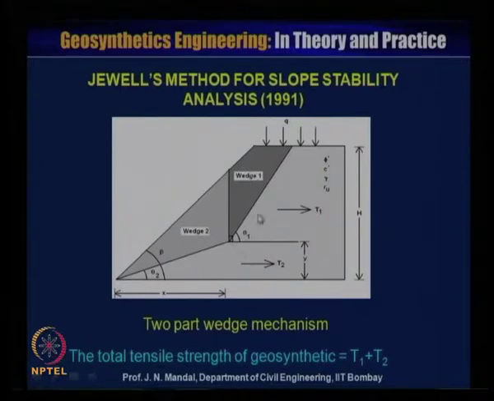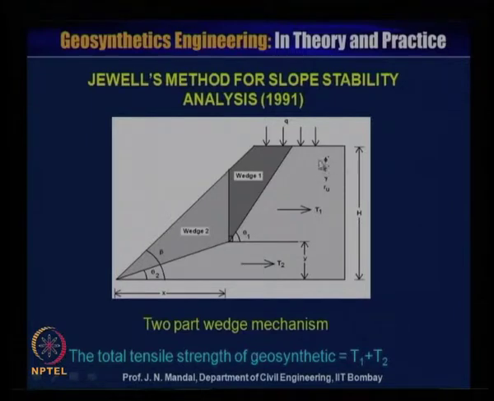For wedge 1 this is angle theta 1, and for wedge 2 it is making angle theta 2, and the coordinates are x and y. From here to here is x, and from here to here is y. For wedge 1, the tensile strength of the geogrid material is T1, and for wedge 2, it is T2. This is the height of the slope, this is the surcharge Q, and this is the properties of the soil.